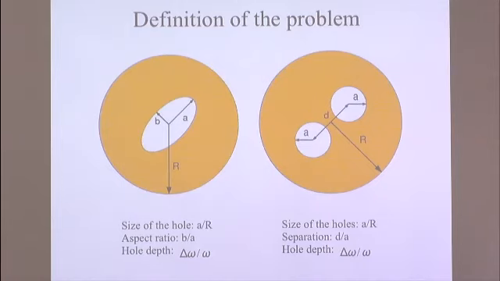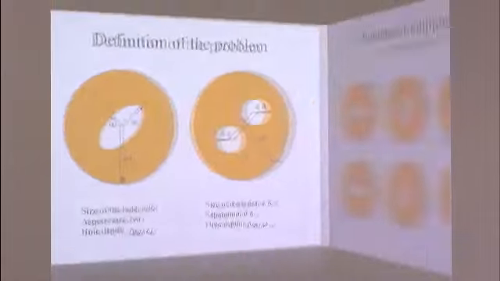So again, I have only 2 parameters, which is the size of the holes and the separation of the holes. The hole depth I'm going to consider as being -1 in this definition during this talk.